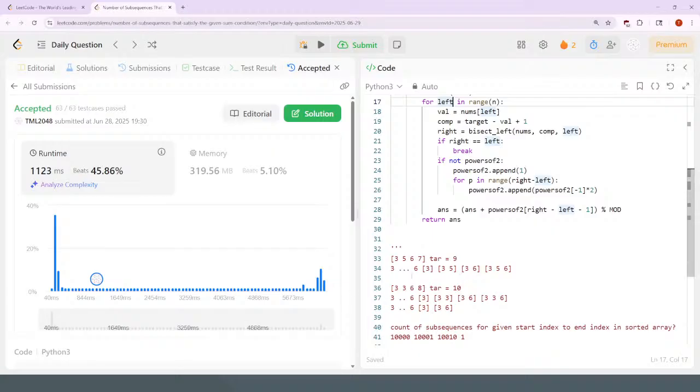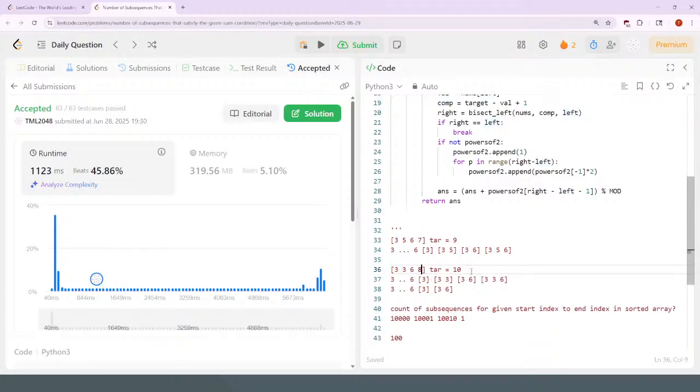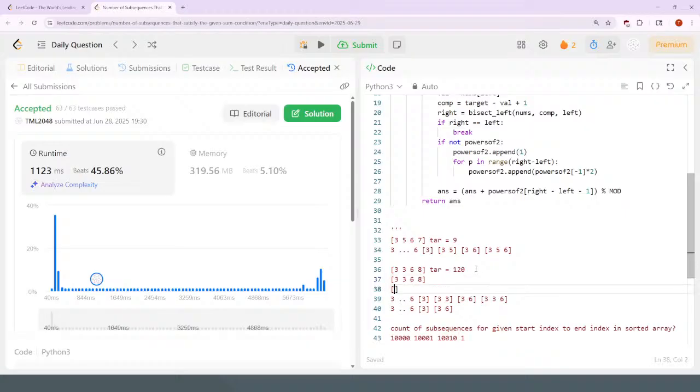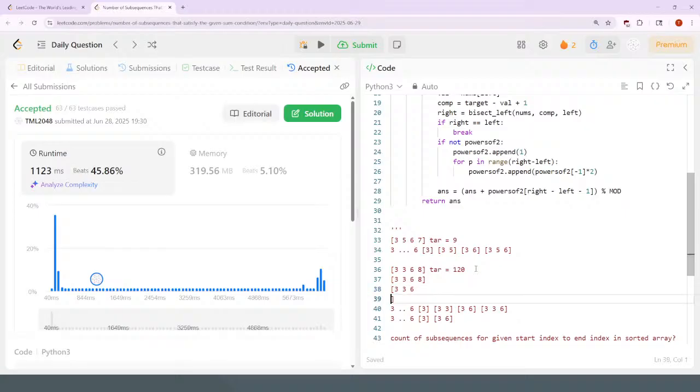Okay, let me think. So let's say the target here is 20 or 120, it's fine. So you're doing all of it pretty much. So you're doing 3, 3, 6, 8, and then you're doing 3, 3, 6, and then 3, 3, and then 3.